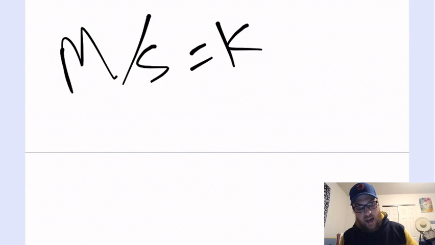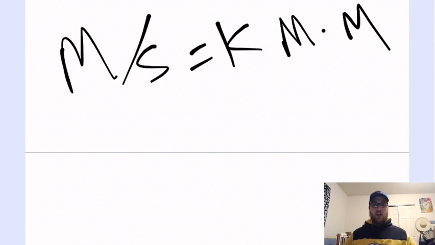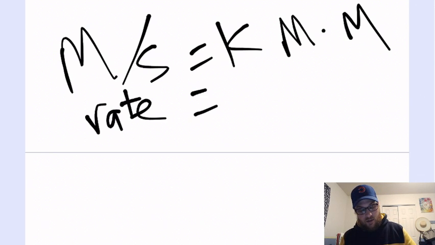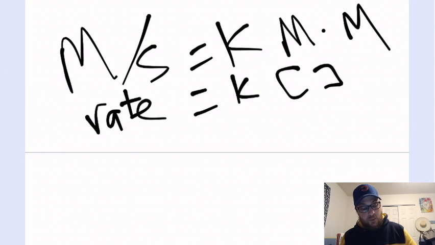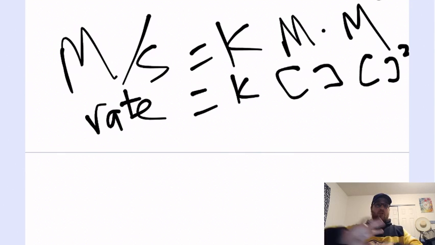You're doing K, and then you're multiplying it by things that are just pure molarity. Everything on this equation, when you have rate equals K times concentration of substance times another concentration maybe squared, everything on the right-hand side is molarity.